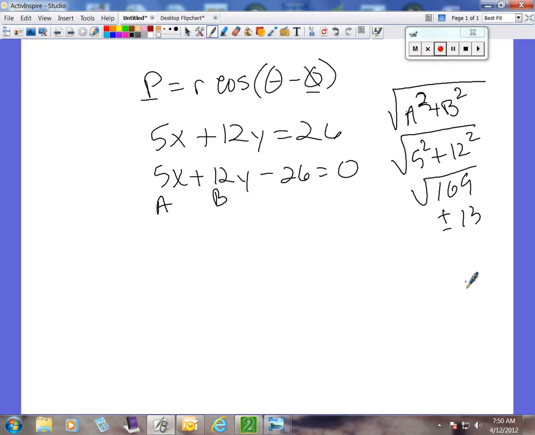Now we have to divide everything by it. That's right. Whatever this is, you do the opposite. So we're going to use a positive 13. Remember that? We did that on a quiz a couple of weeks ago. So we use the positive 13.